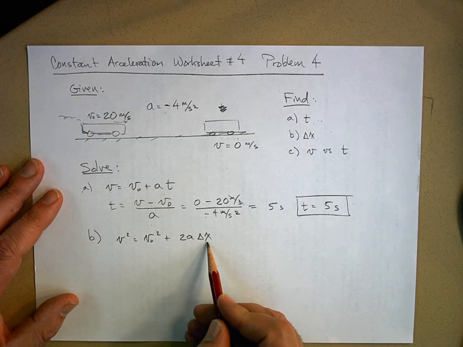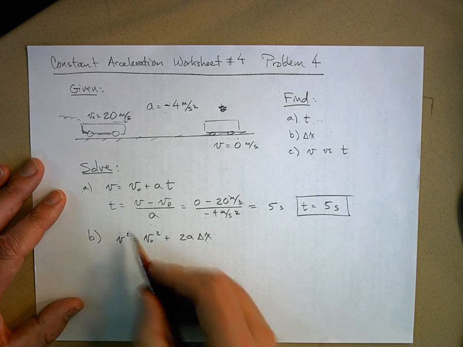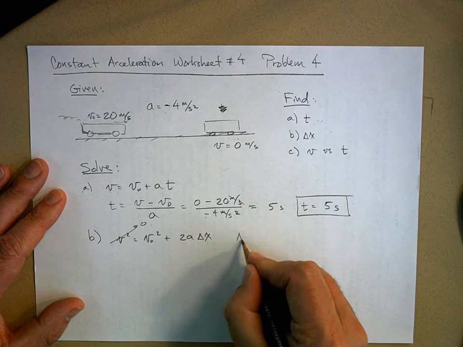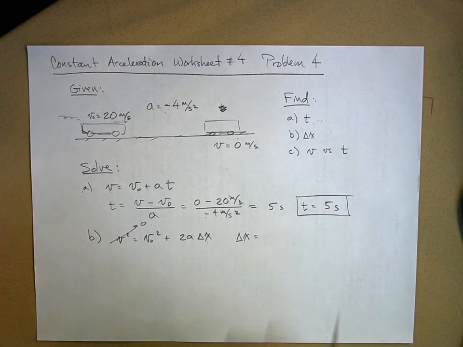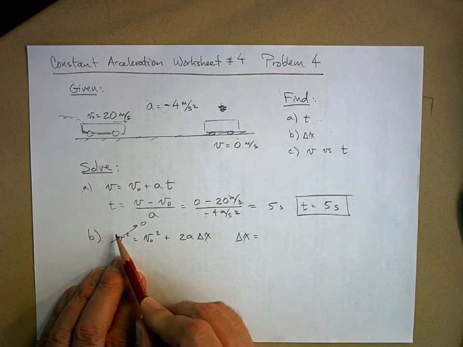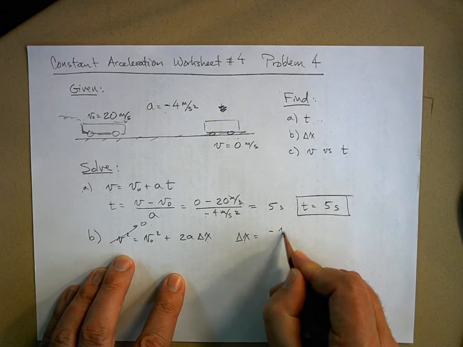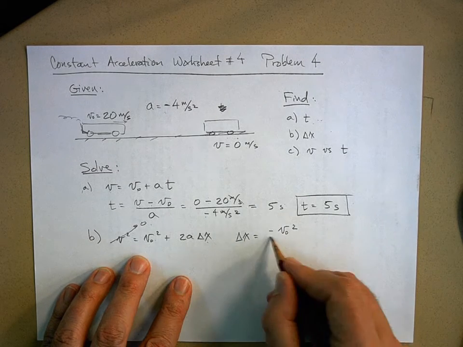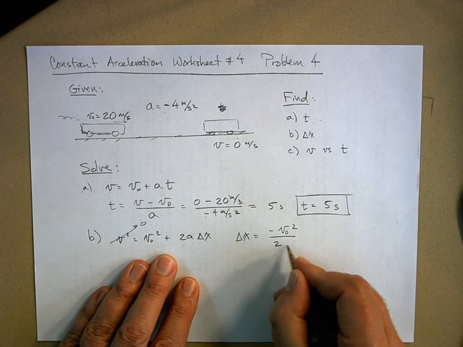And I'm going to solve this for delta x. Well, first of all, I know this is 0. And so I'm going to solve this in one step. If you need to take your time and go through the algebra more slowly, go ahead and do that. I'm just going to put this over on the other side. Subtract v naught squared and divide it by twice the acceleration.